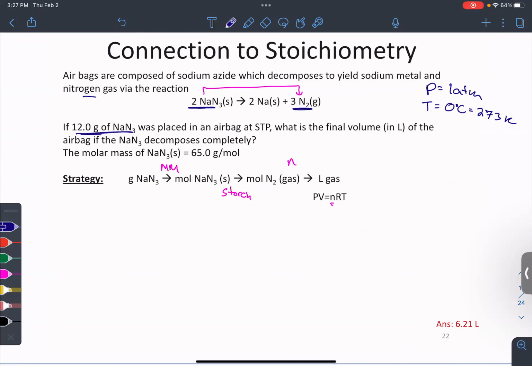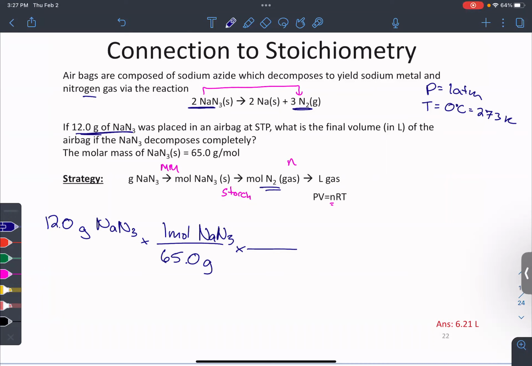So let's do it. 12.0 grams of sodium azide decomposes, so let's convert that to moles. 65 is going to go on the bottom, for 1 mole of sodium azide, NaN3. But I want to get to moles of the gas because I want to figure out how much space the gas takes up.